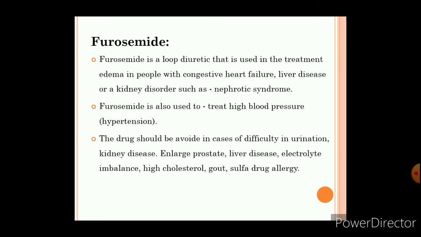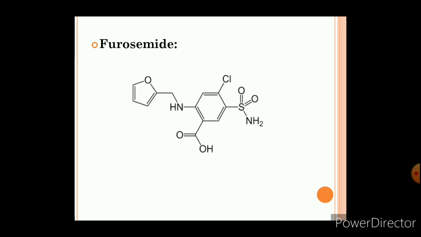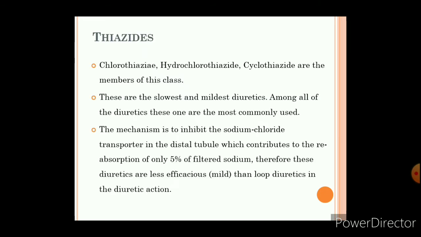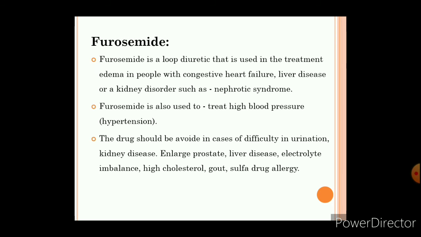The drug should be avoided in case of difficulty in urination, kidney disease, enlarged prostate, liver disease, electrolyte imbalance, high cholesterol, gout, and sulfa drug allergy. This is the structure of furosemide.